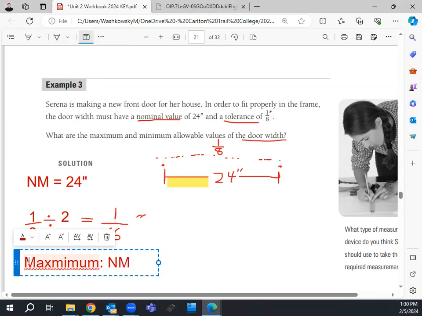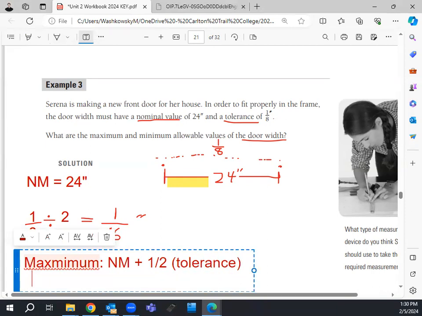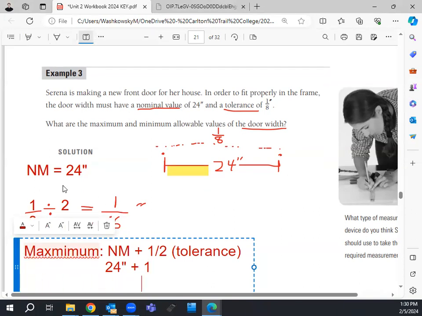So my maximum is NM plus 1/2 of the tolerance. That's the fancy way of saying that we're aiming for 24 inches for the door, but it's okay if it's 1/16 of an inch off. So 24 inches plus 1/16 of an inch is going to give me 24 and 1/16.